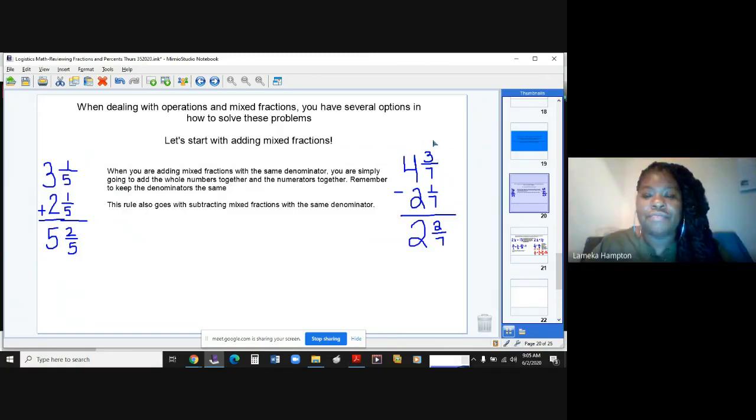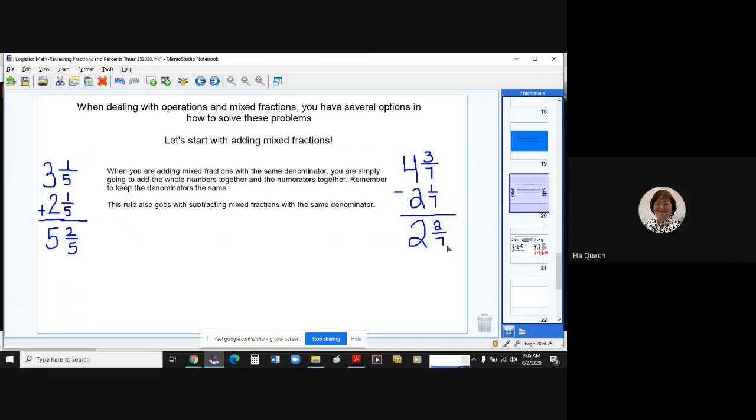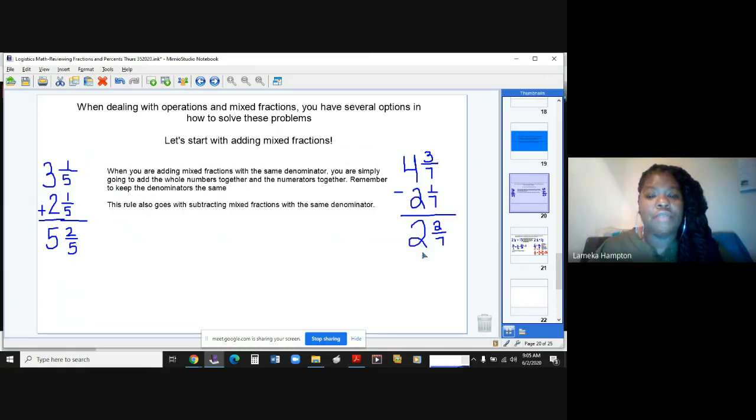Okay, so over here, I have a subtraction problem. Why? Because I have the subtraction sign right there. So I have 4 3/7 minus 2 1/7. Again, you're going to follow the same rule. You're going to have 4 minus 2, which leaves you with 2.